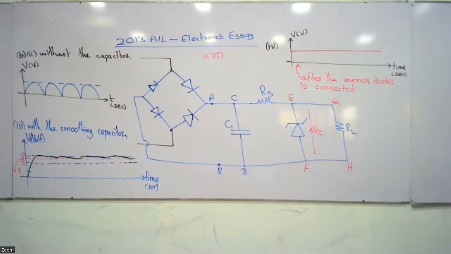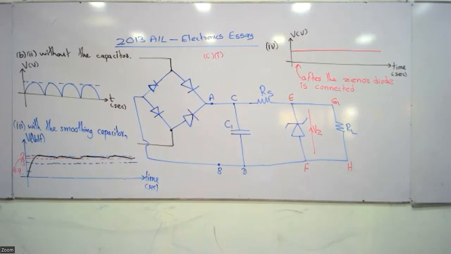Then the output voltage will be more linear. Okay. Variations of the output voltage are reduced. Full stop. Then the output voltage will be more linear. Okay, dear.